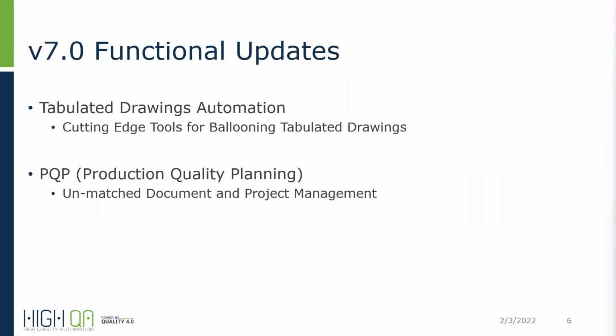The next one is PQP, the production quality planning. This is where we're getting into that advanced document management, project management tool set. This can be for any company of any size, because if you think about the small mom and pop shops and the mid-sized companies, everybody has some sort of submission package.